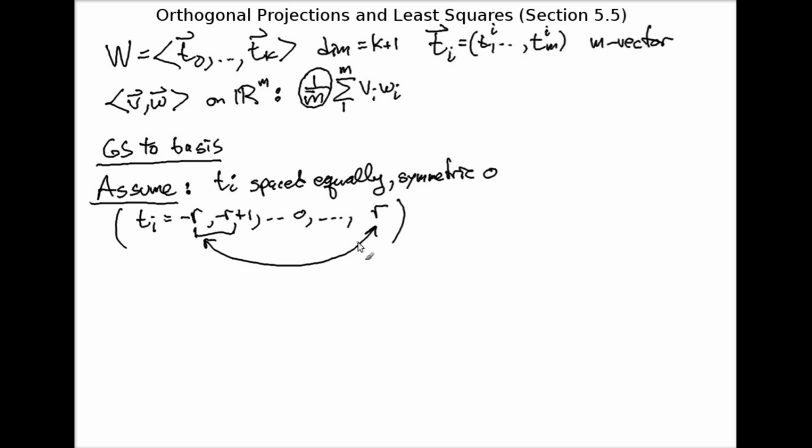So what we're going to do is define some polynomials now, q0 of t, q1 of t, and so on. And they're going to be corresponding vectors q0 and q1, and so on. And these vectors are going to be orthogonal.